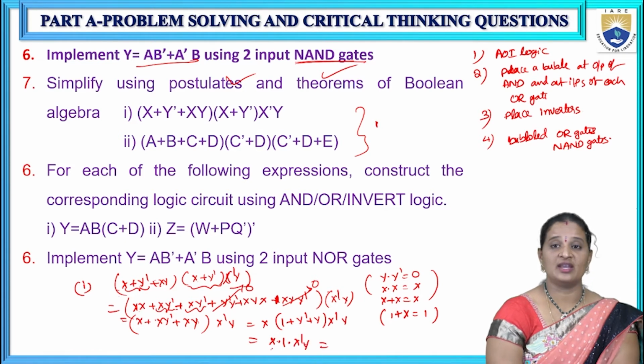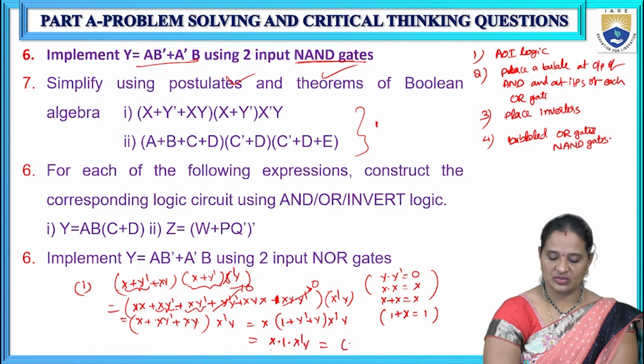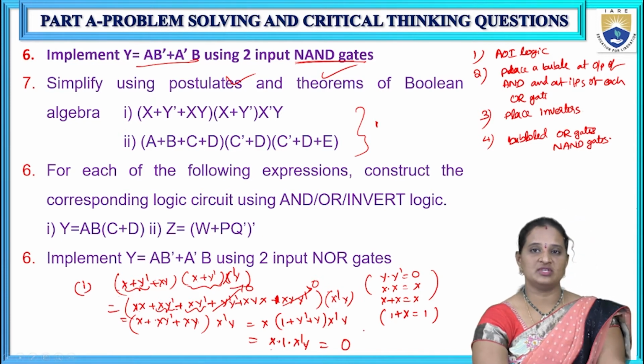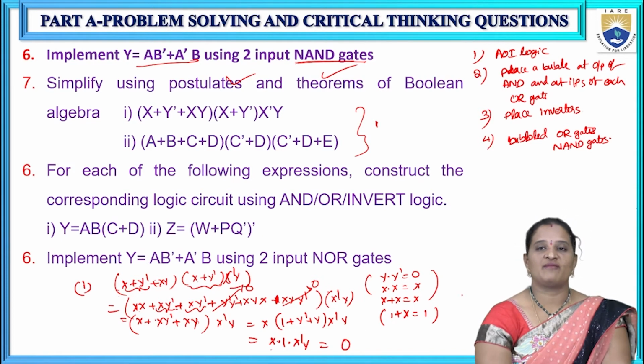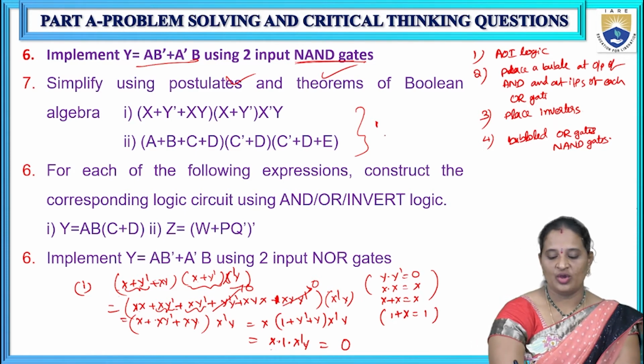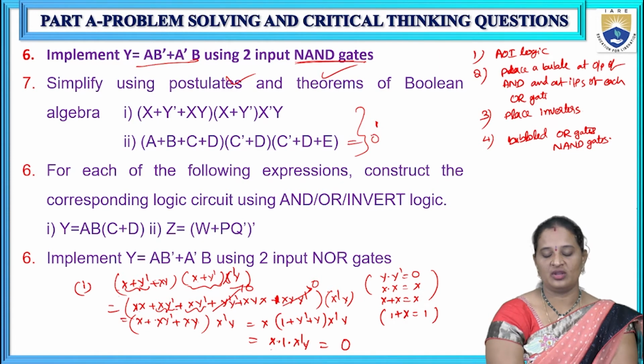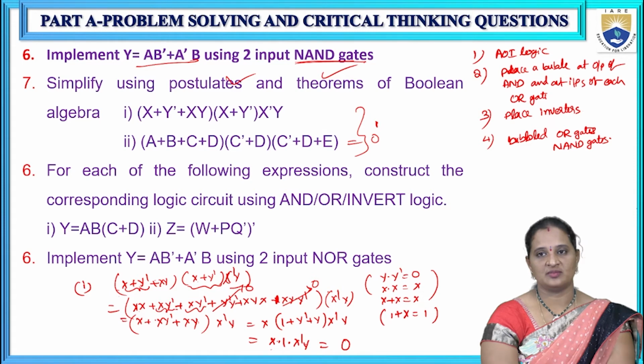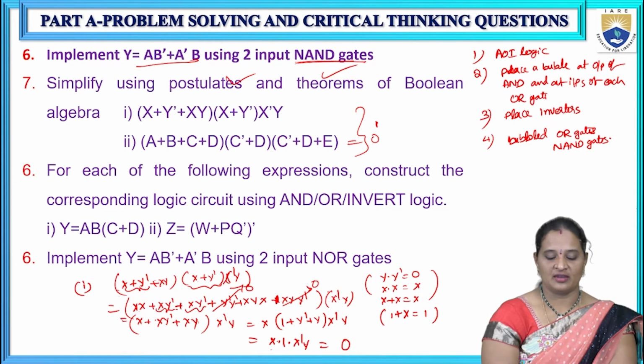So again we know that x·x' is 0. So the entire function output becomes 0. So like that, you have to expand and apply various Boolean algebraic theorems. You can simplify the other one in the same way. Just expand and apply the Boolean algebraic theorems and laws and then simplify it.